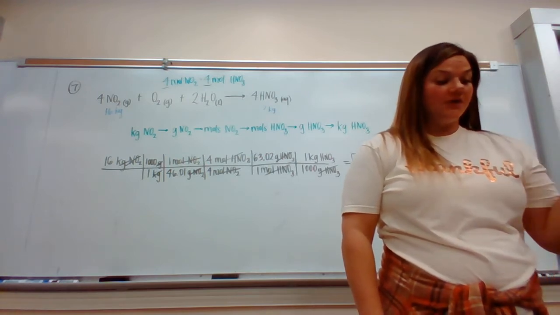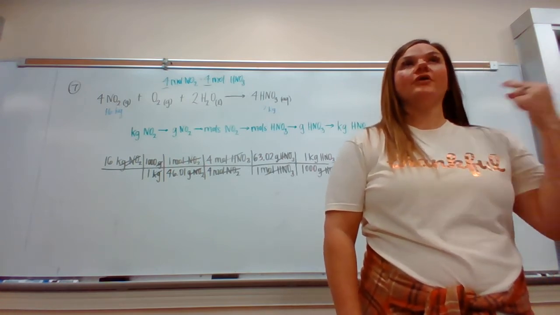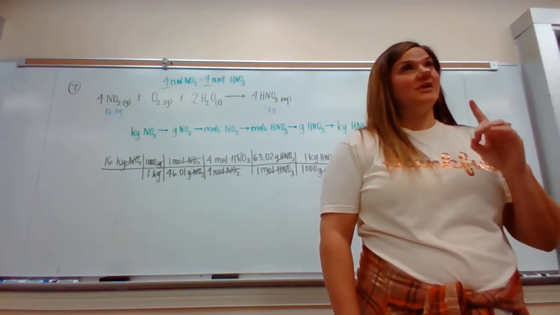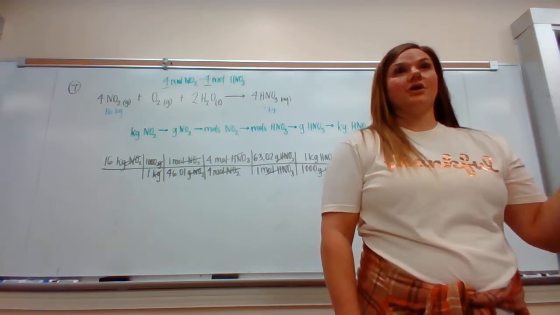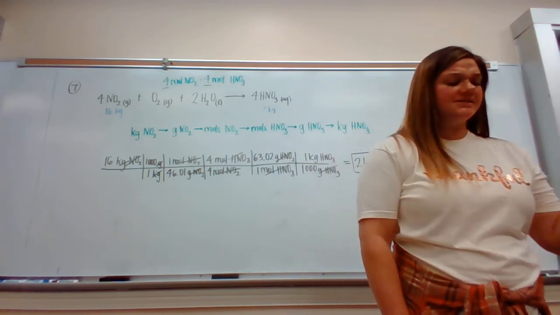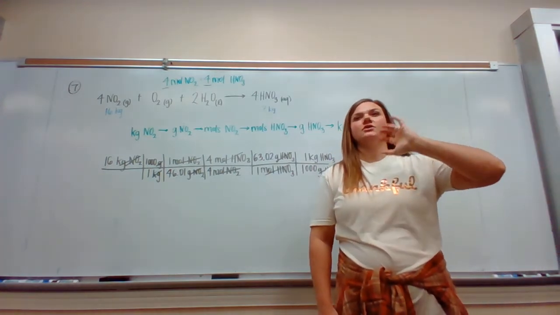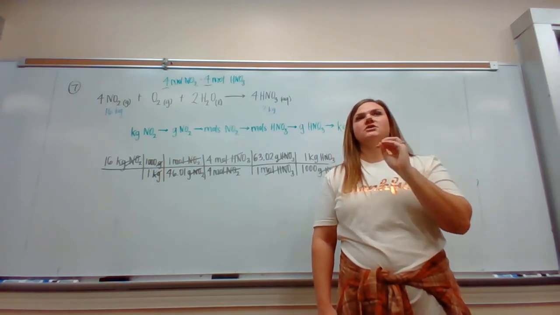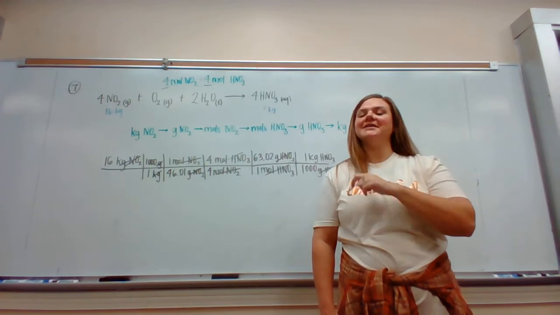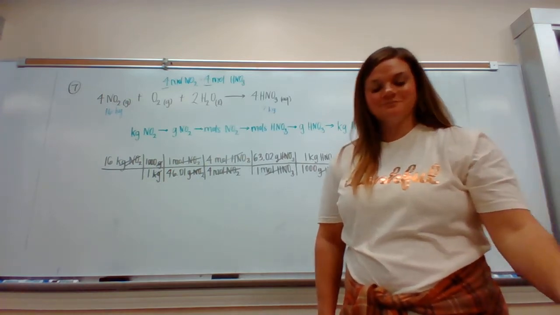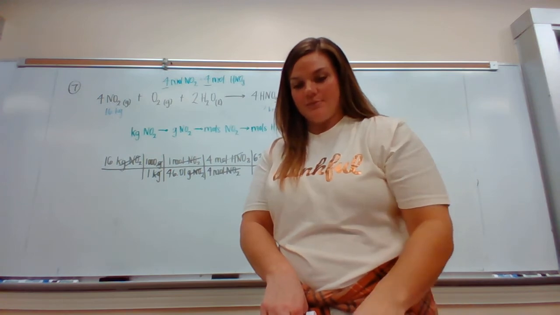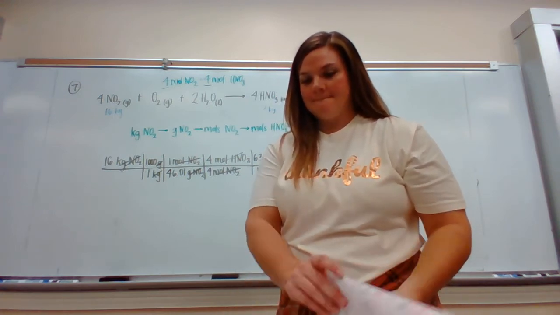With theoretical and actual yield, we calculate something called percent yield. It's not the same as percent error or percent recovery that we've done in lab. It's simply the actual yield over your theoretical yield times 100. Okay, let's look at some examples. So let's flip over to example 8.